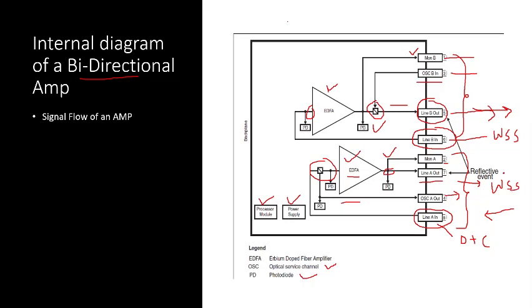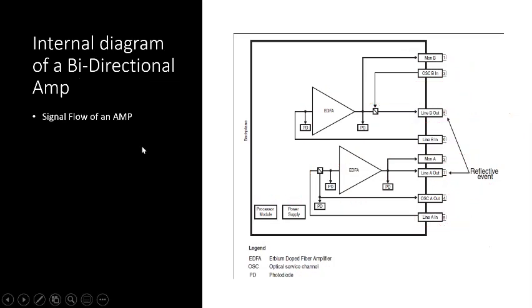And we have some reflective events at the output of the amplifier, at port number 5 and port number 7, which we try to reduce by increasing the coupling efficiency or using a better connector at these ports. So these are the ports on the EDFA, and how they work in conjunction.